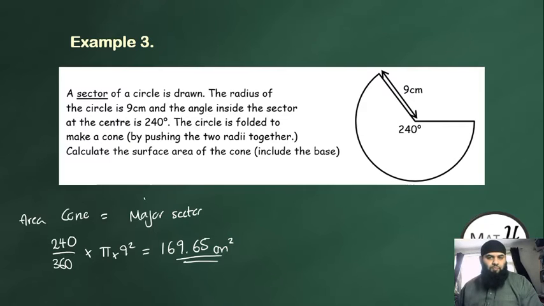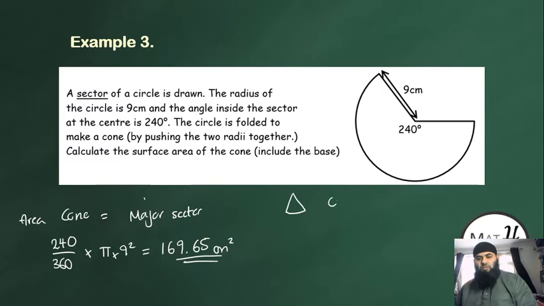Now, to find out the radius of the cone, when this major sector becomes a cone, we have to really understand what that means.